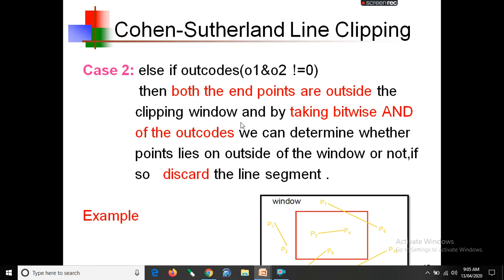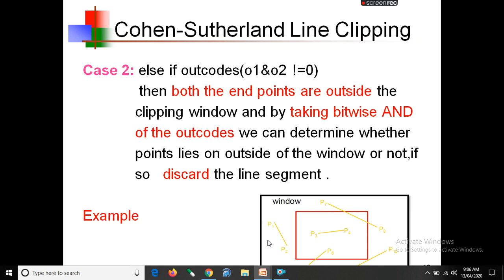Why? After applying the bitwise AND operation between the two outputs, we get a result that is not equal to 0. If it is not equal to 0, it means that both the endpoints lie outside the clipping window. As you can see in this example, 5 line segments are there. With respect to case 2, take the line segment P1 to P2.